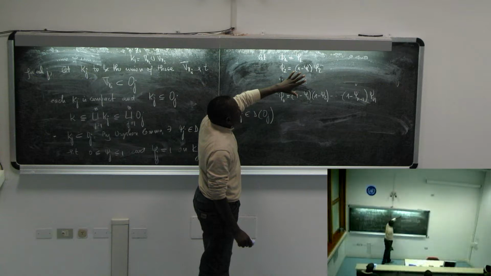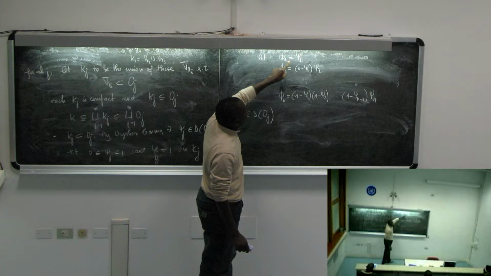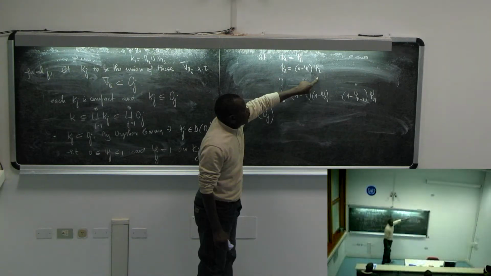For example, the support of phi 1 is exactly the support of psi 1. The support of phi 2 is inside the support of psi 2, and we know that the support of psi 2 is in O2. The support of phi 3 is included in the support of psi 3, which is a subset of O3, and so on.